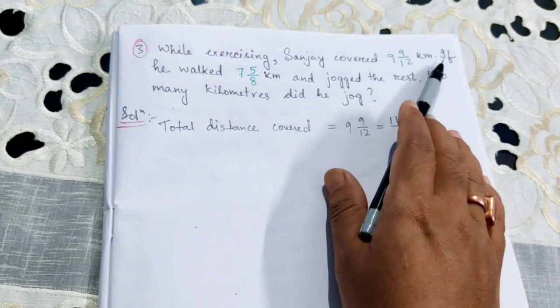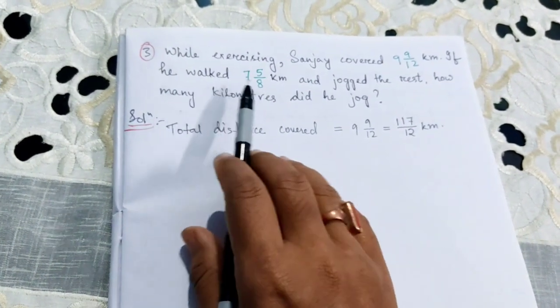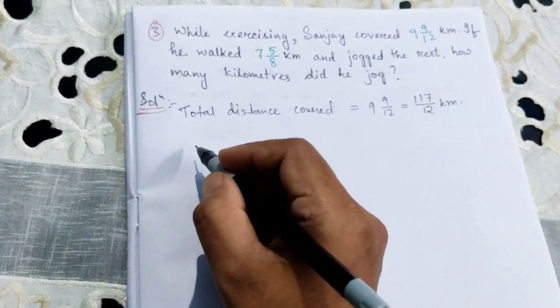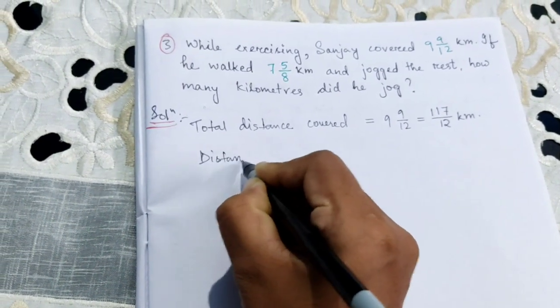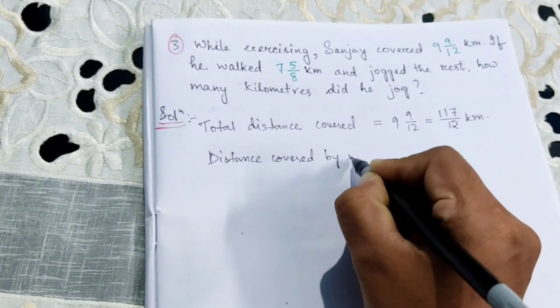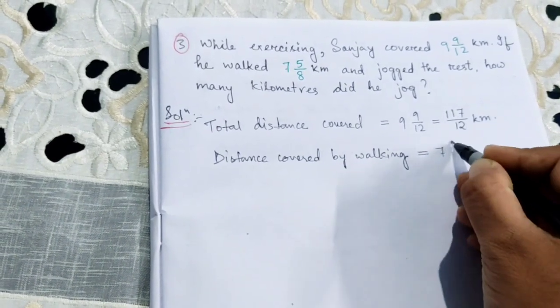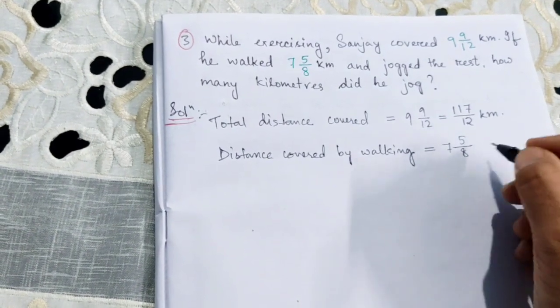Now next, what is given? It is given how much distance Sanjay walked. So you will write distance covered by walking. It is given as 7 5 by 8 kilometer.